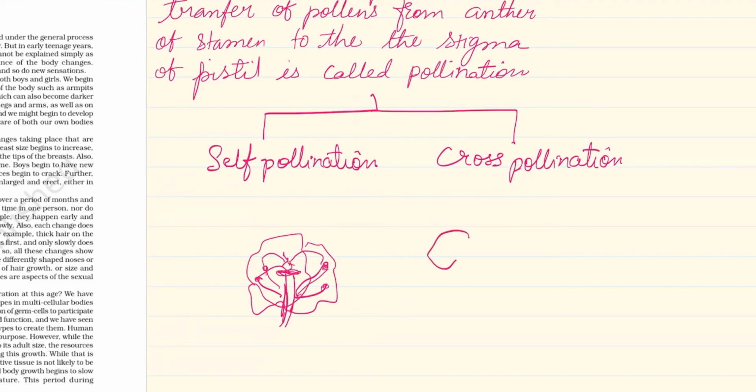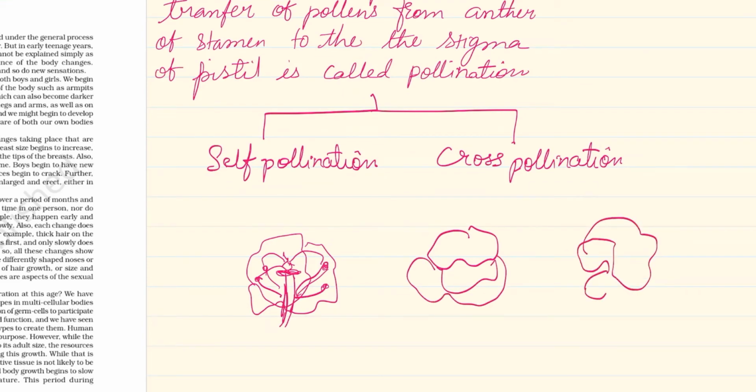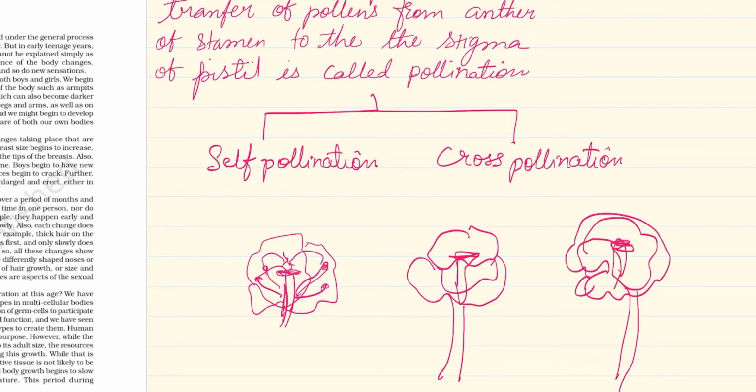Whereas in cross-pollination, the pollen grains travel from one flower to the other flower. That is called cross-pollination. It could be on the same plant or it could be on the other plant.